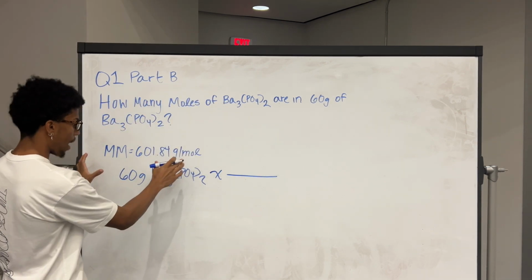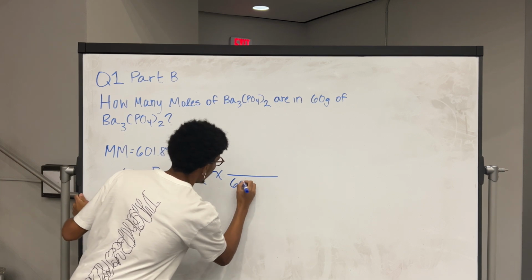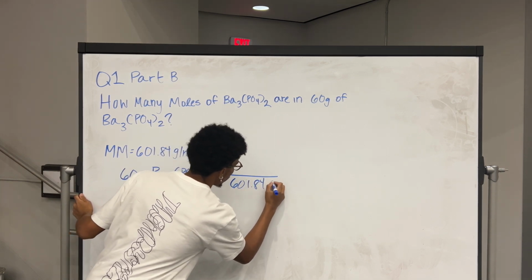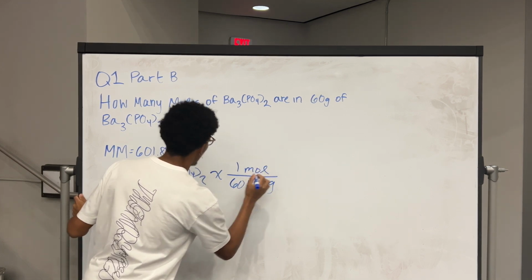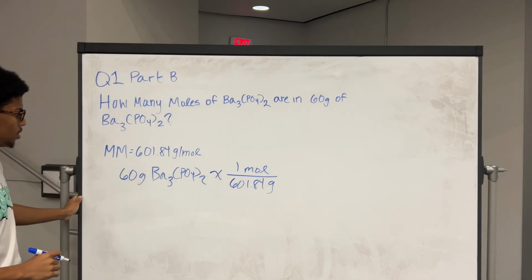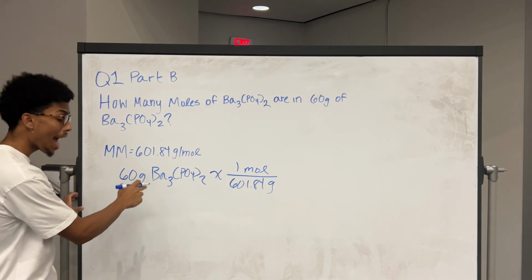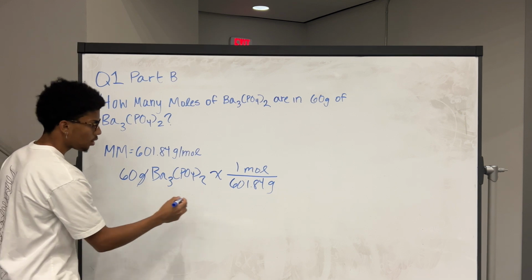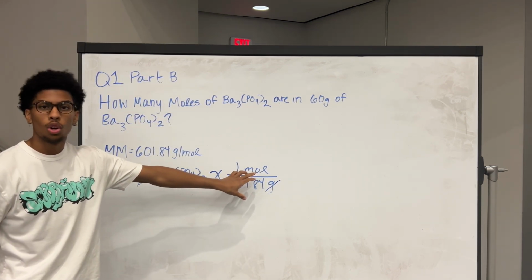This is the conversion factor, but you want grams to be on the bottom. So we have 601.84 grams per 1 mole. So you see, we use the molar mass as the conversion factor, because what will happen now is we can cancel out the grams. And so now we're just left with moles.